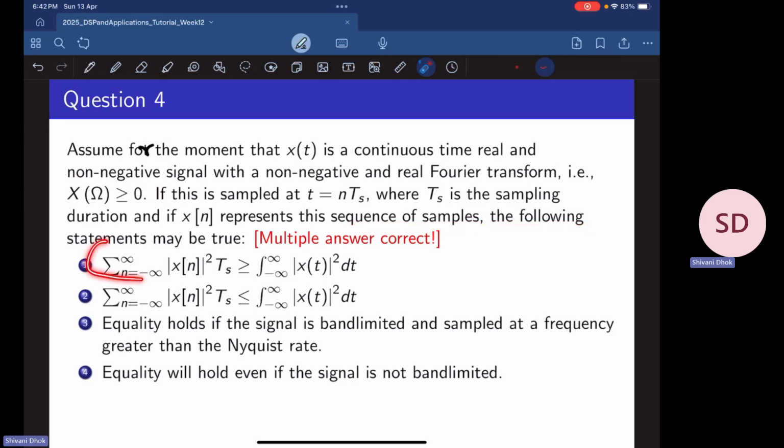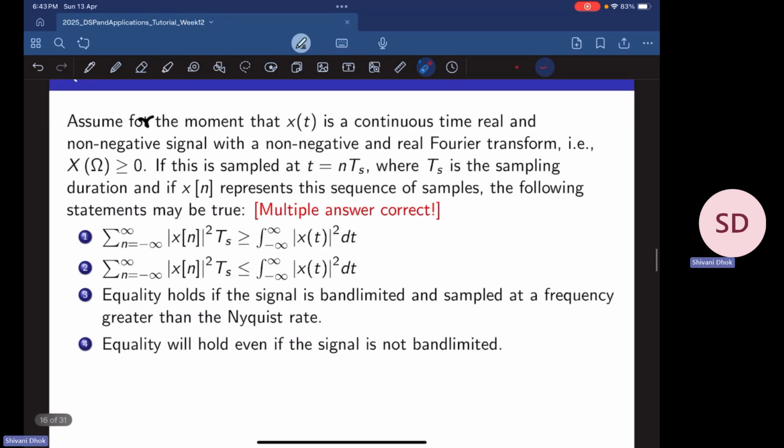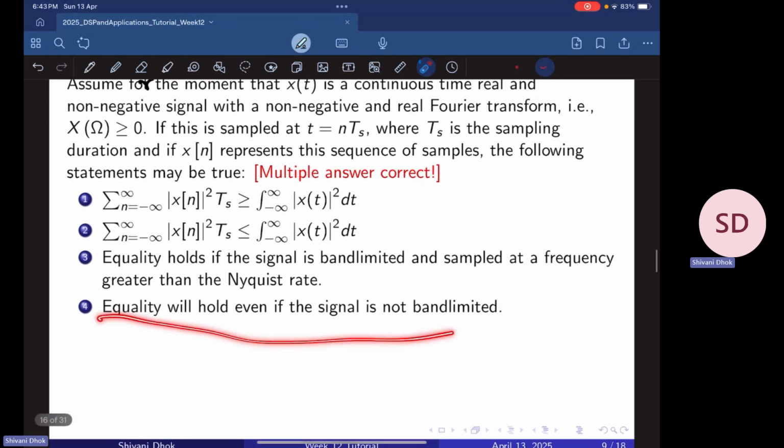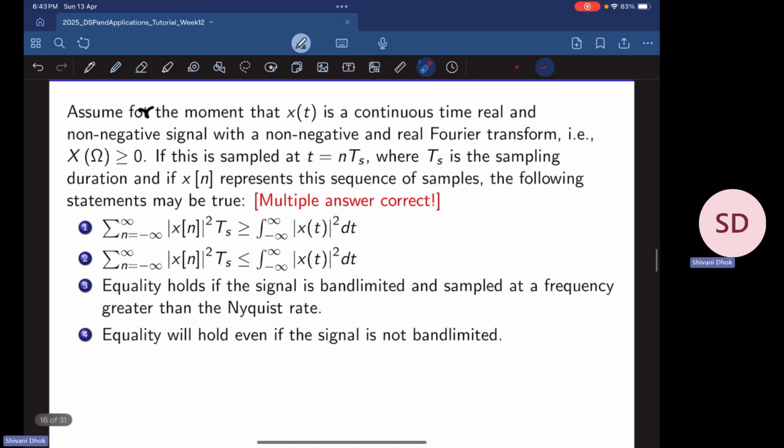We have one relation here, then another relation here, and then it says that the equality in the above two relations holds if the signal is band limited and sampled at a frequency greater than the Nyquist rate. And next, equality holds even if the signal is not band limited.